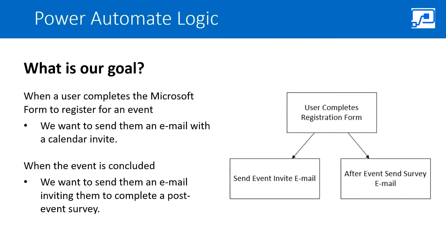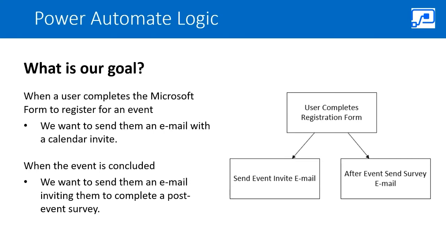With the flow, we start by defining the triggering event and the actions we want to achieve. The logic for this is simple. When a user completes the registration form, we want to send them 2 emails. We want to send them an email inviting them to the event. After the event concludes, we want to then send them an email inviting them to complete a survey.